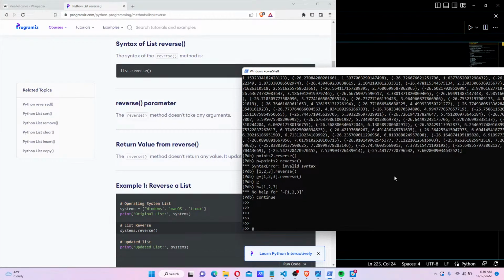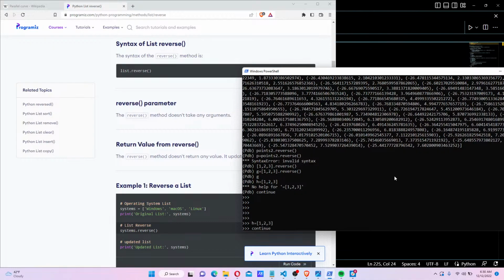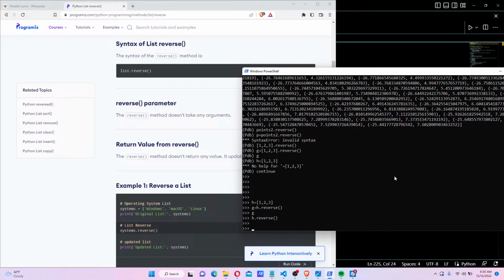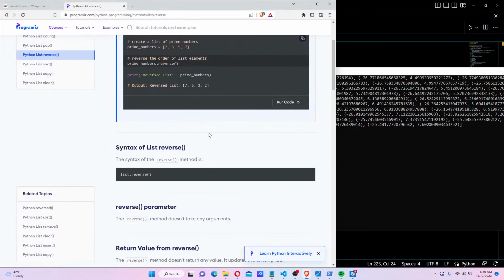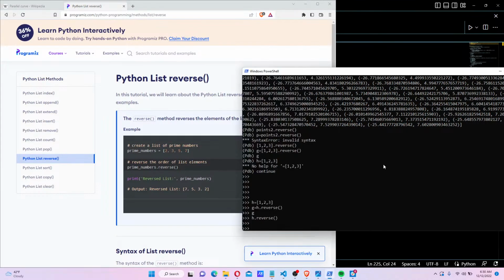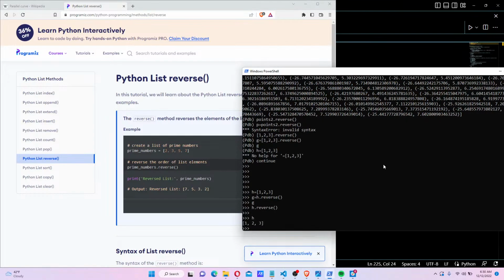So let's just do h equals that, then g, h dot reverse, g. Yeah, I don't know. h.